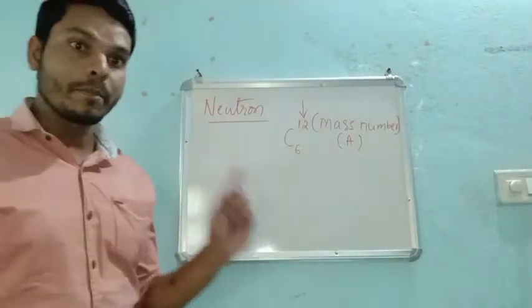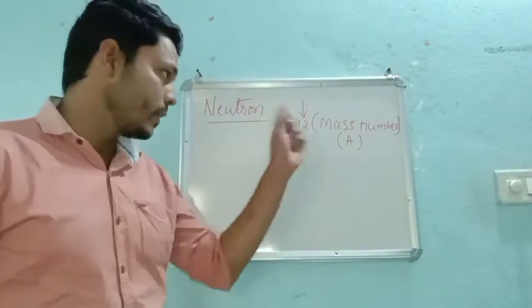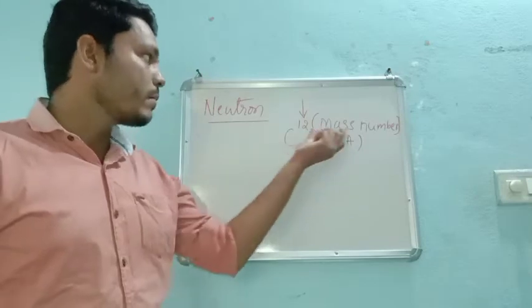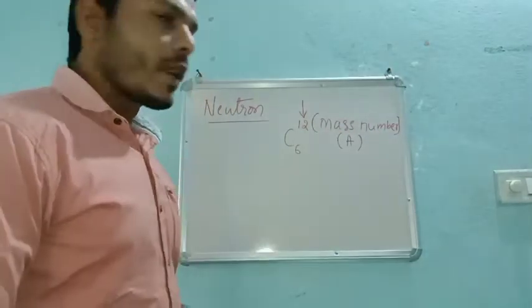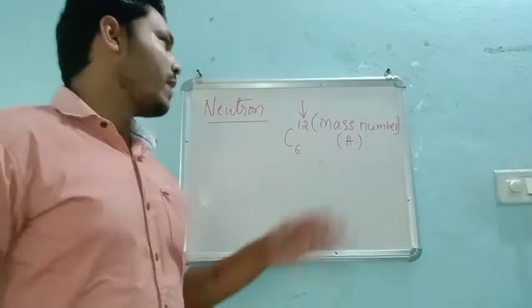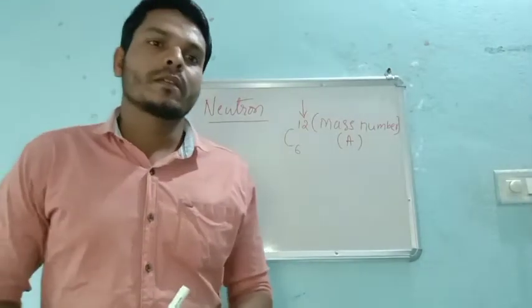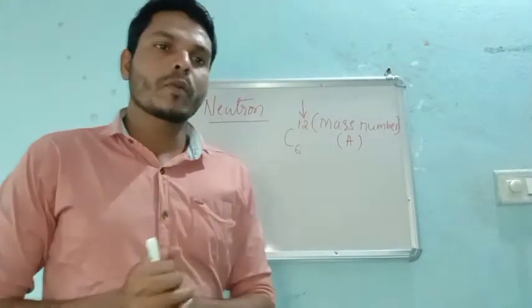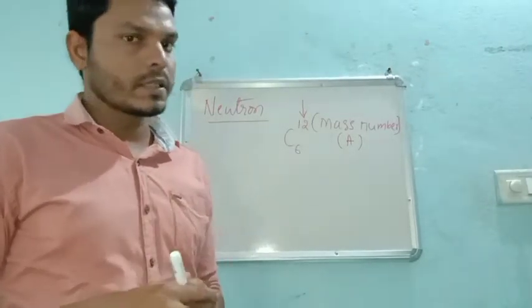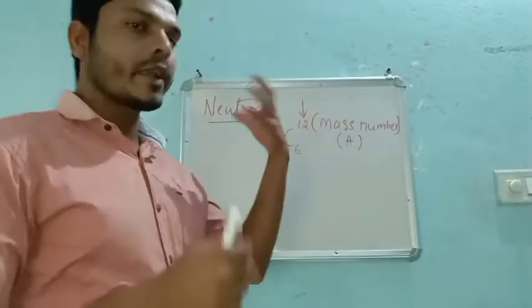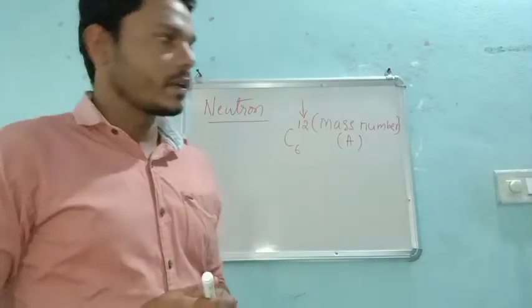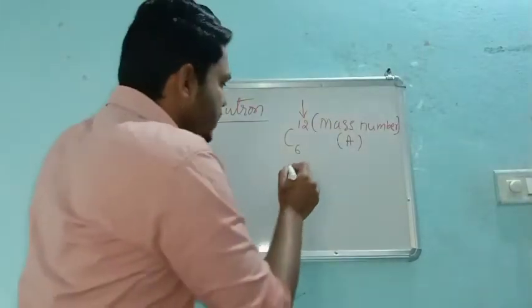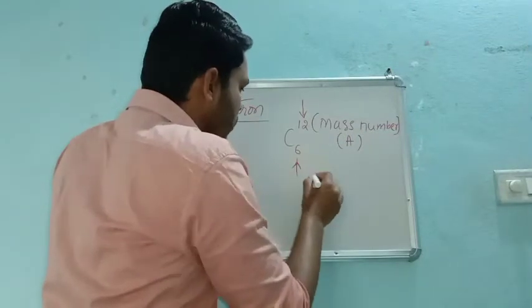I have skipped some part of this. I'm just trying to explain what the mass number is. The mass number is nothing but the number of protons and neutrons present in the nucleus, right? And this other number is nothing but the atomic number, right?